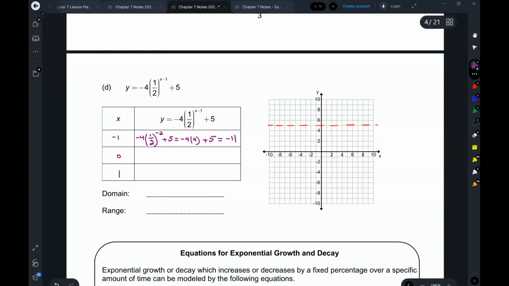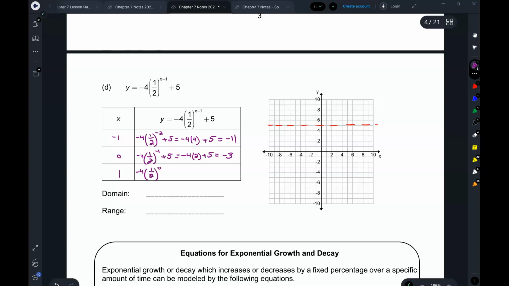So that equals negative 11. It's just 1 away. So negative 4 times 1/2 to the negative 1, plus 5: that's negative 4 times 2 plus 5, negative 3.